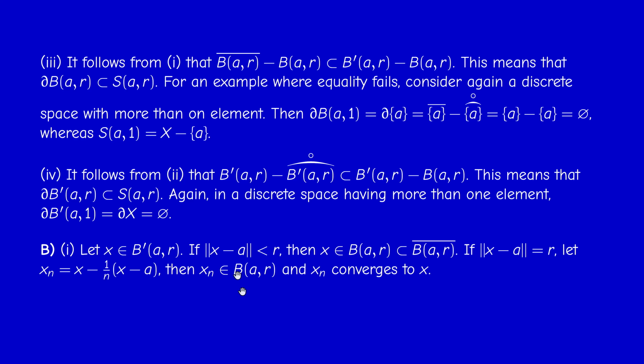So x_n is inside the ball. Of course, since this term tends to 0, x_n converges to x. Therefore, we know by proposition 1.8 that x belongs to the closure of the open ball. So we took an element here and proved that it's here, and therefore we proved the reverse inclusion.